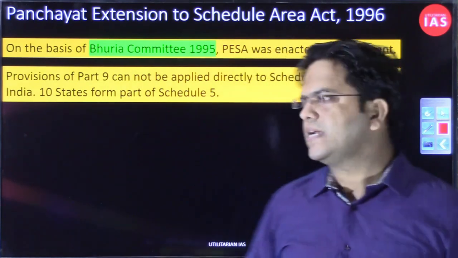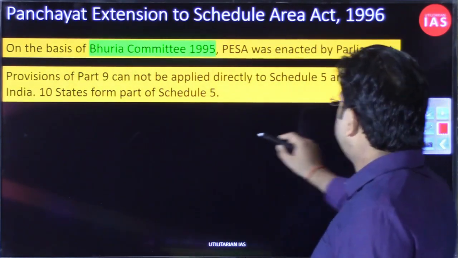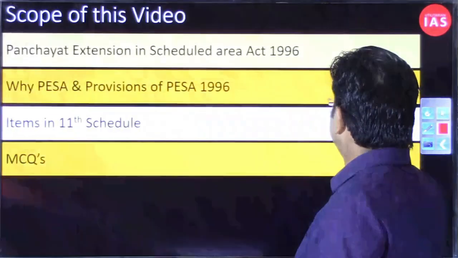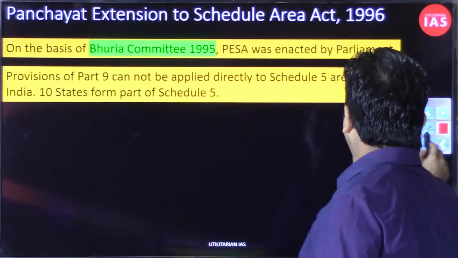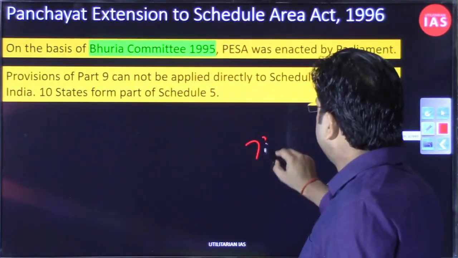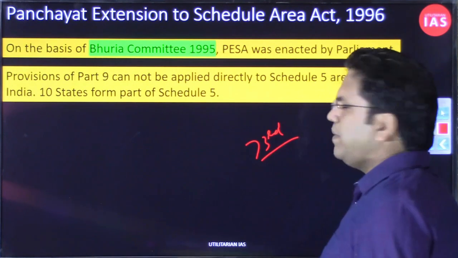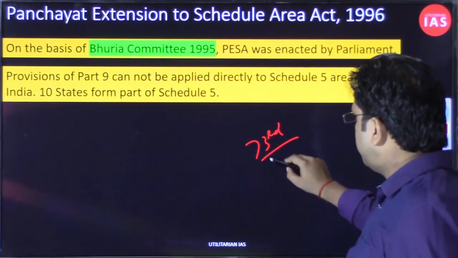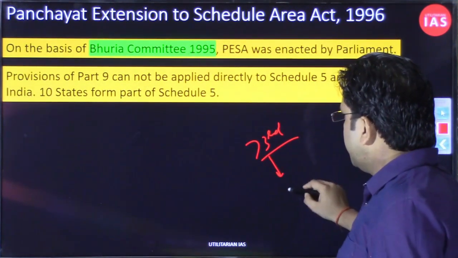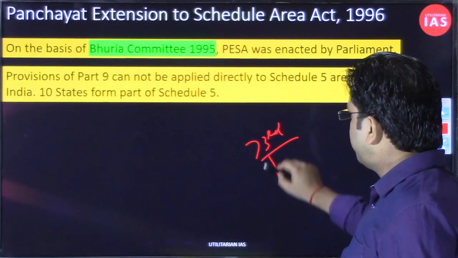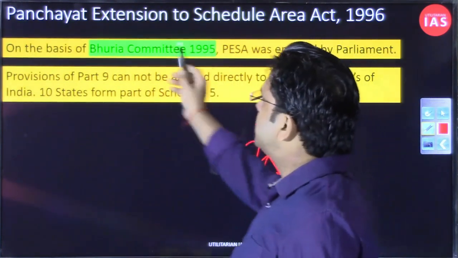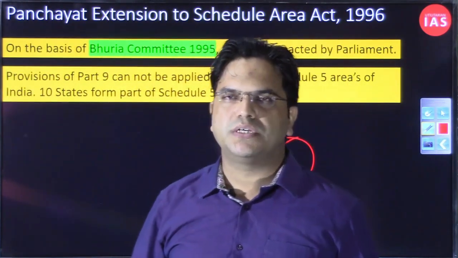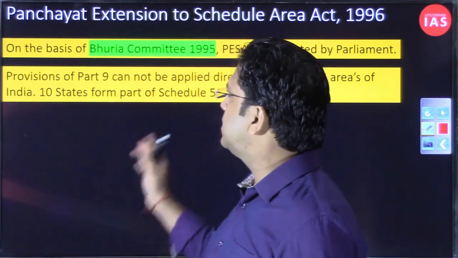The answer lies in the fact that the clientele, the people that the 73rd Constitutional Amendment is going to serve, is different from the people that will be served by the Panchayat Extension to the Scheduled Areas Act 1996.